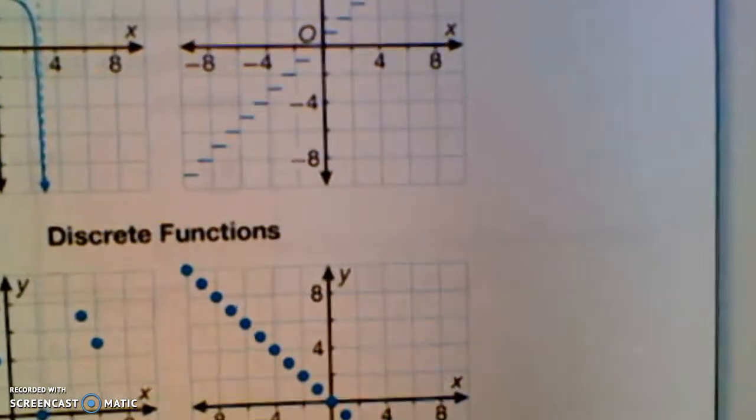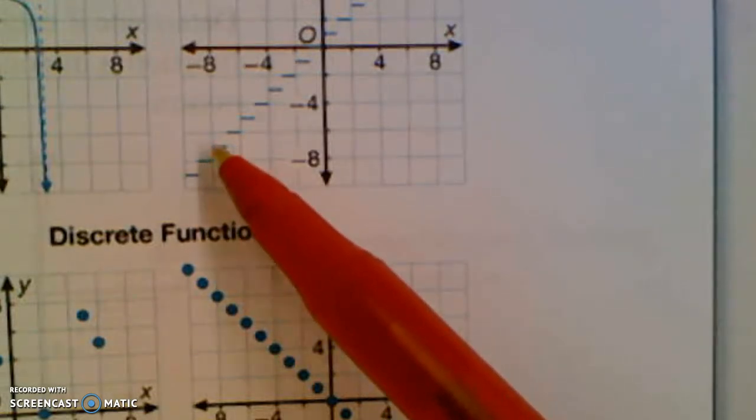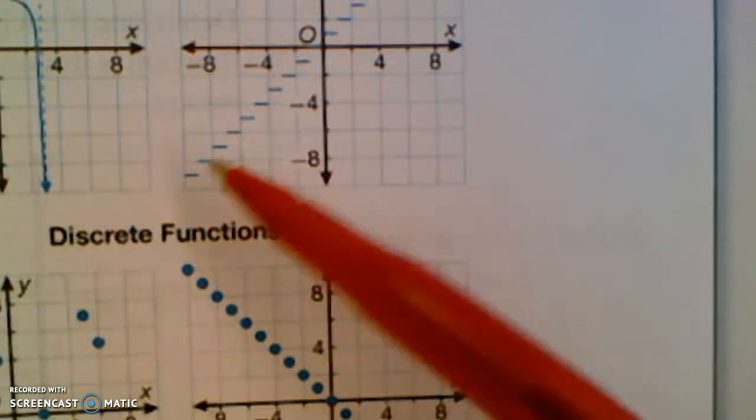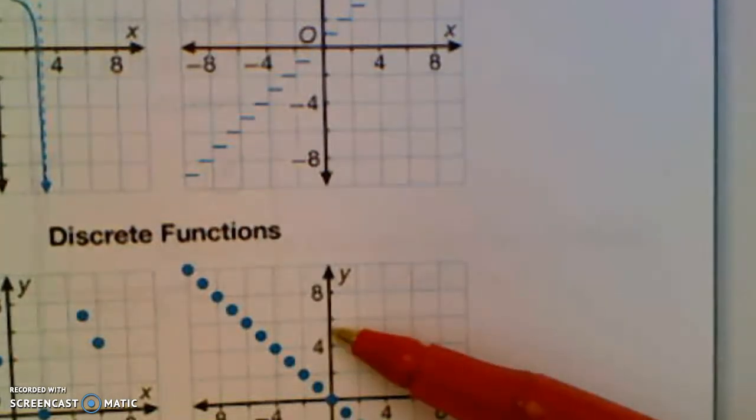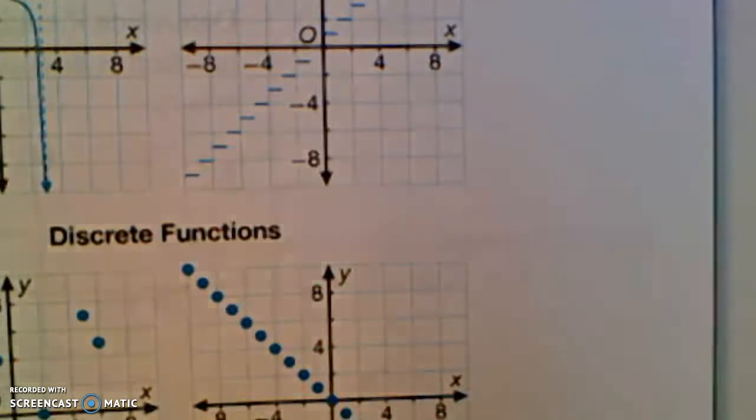There is some continuity to the stair step. So you can see the small, albeit small, but small lines here indicating range of values as opposed to the discrete function where it is just point after point after point. Does that make sense? I agree, it is hard to see a difference between those two with the examples they use, but there is a slight difference there in them.